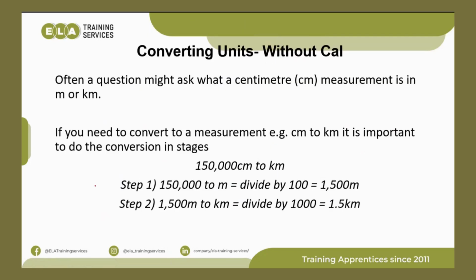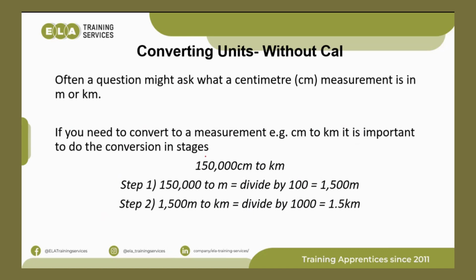Sometimes in your exam, a question might ask you what a measurement is in kilometres or metres, so something that's much bigger than the one that it is, where it will require you to do a multi-step approach. If you need to convert, for example, centimetres to kilometres, it's important to do the conversion in stages.